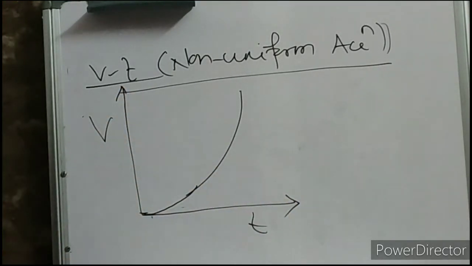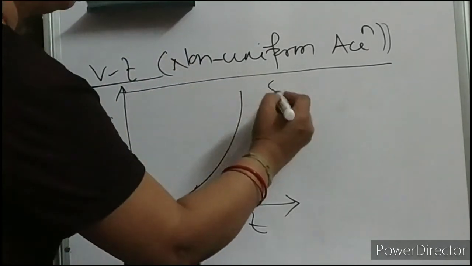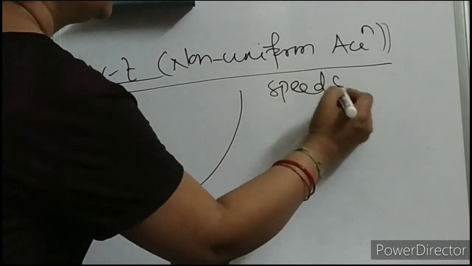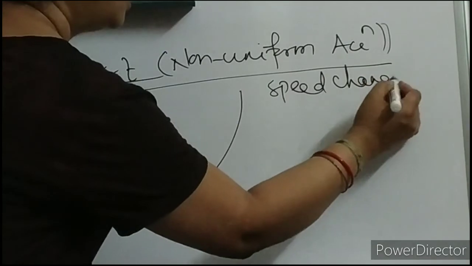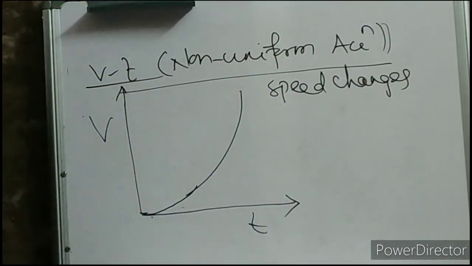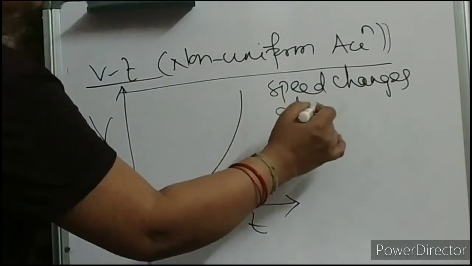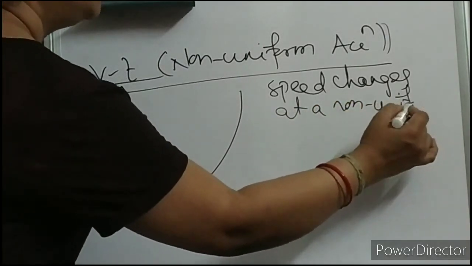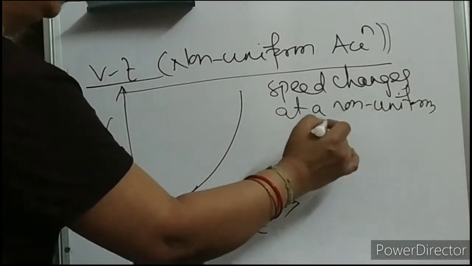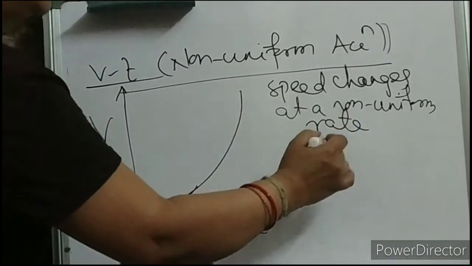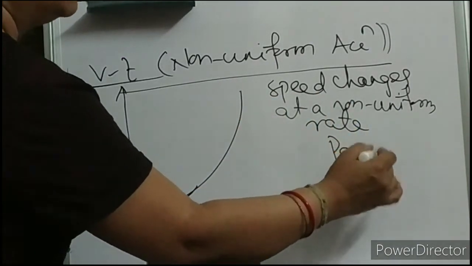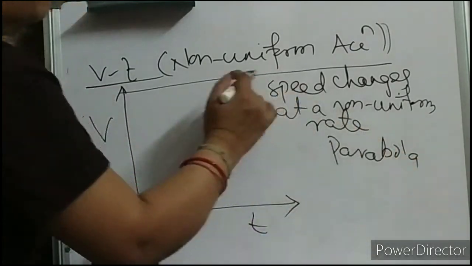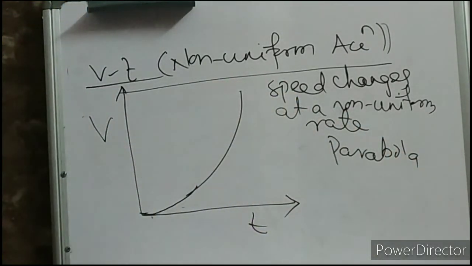That means the speed changes at a non-uniform rate. Clear, children? So you are going to get a curved line, or you can say it is a parabola, children. This is called parabola. Clear?